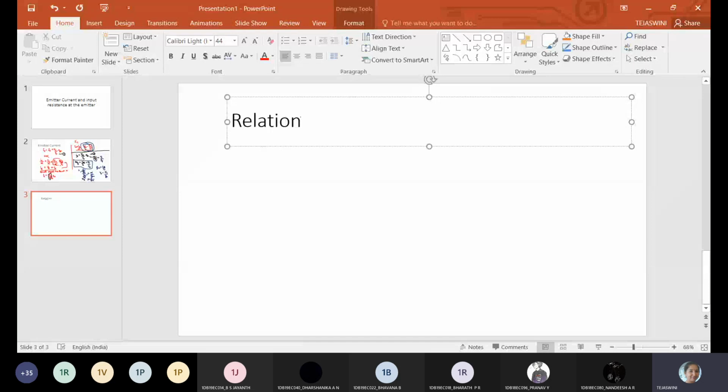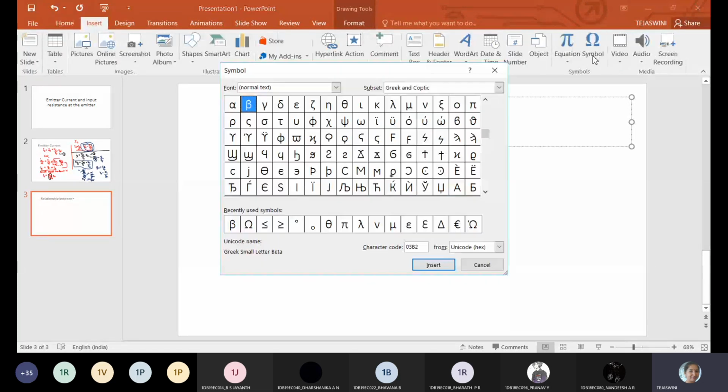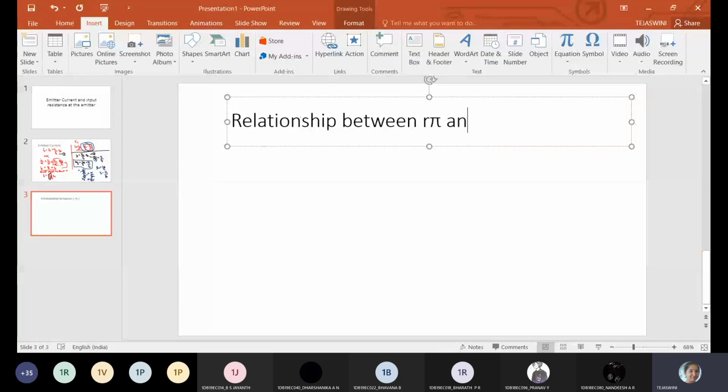So next, make a heading: relationship between R pi and Re.